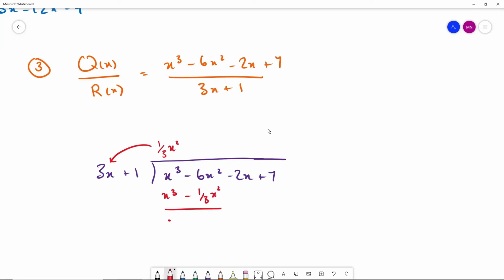Then we do the operation of minus: negative 6x squared minus 1 over 3 x squared, minus a negative, so it becomes a positive.